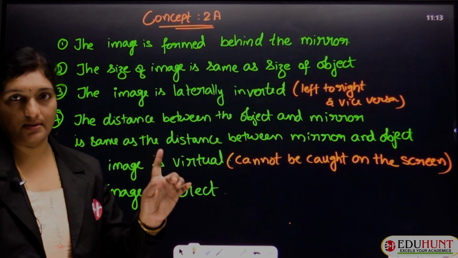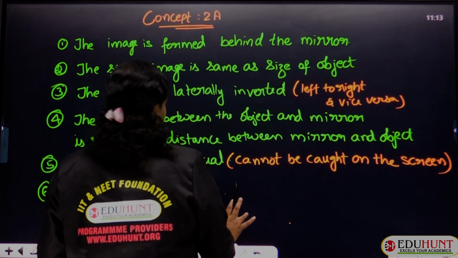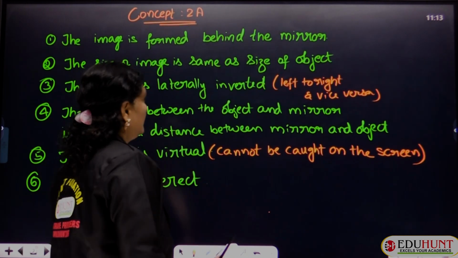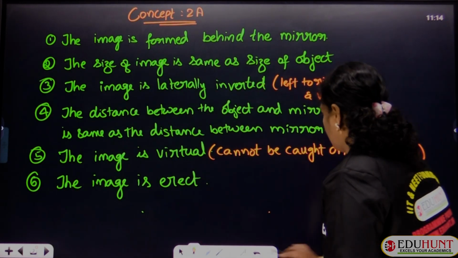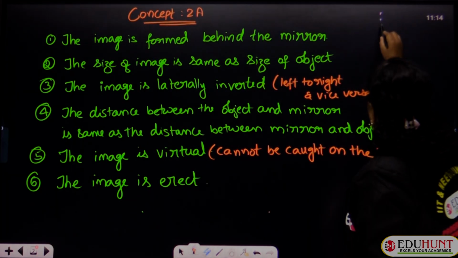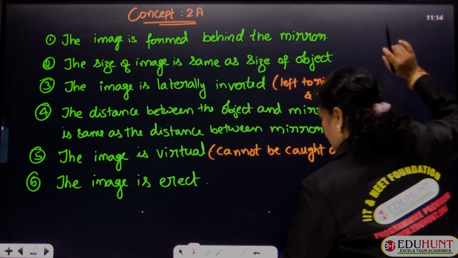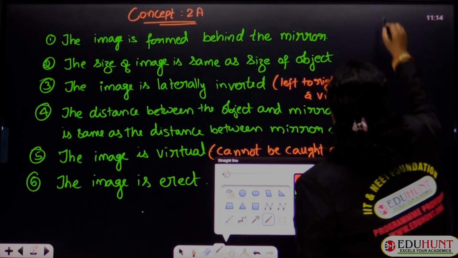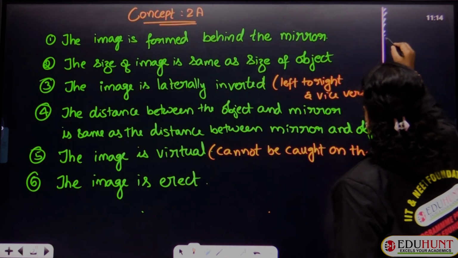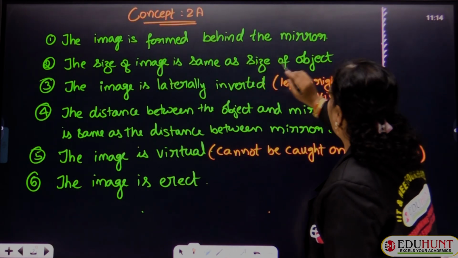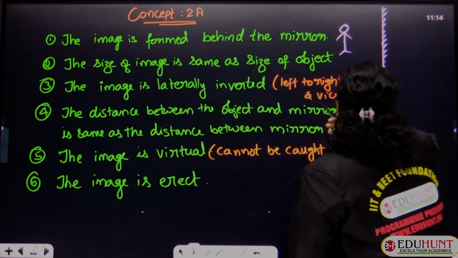straight upwards. Okay. So, if you want to picturize this, let me explain you clearly. The image is formed behind the mirror. So, this is your mirror, silvered back, silvered inside. So first point, here is your object.